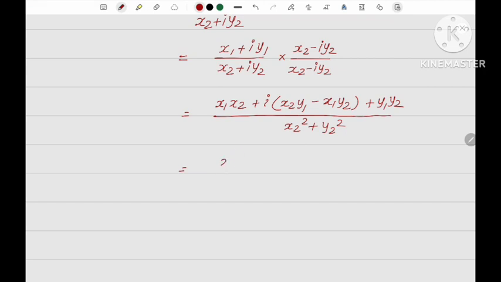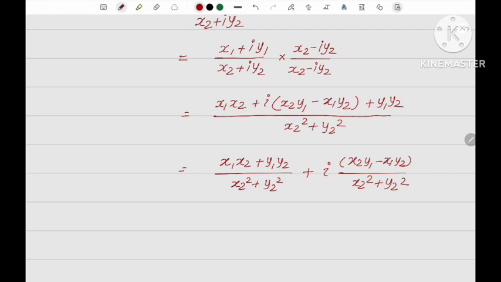So now if I separate out, I will write x1 x2 plus y1 y2 in the numerator, divided by x2 square plus y2 square, plus i times x2 y1 minus x1 y2 divided by x2 square plus y2 square. This becomes z1 by z2.